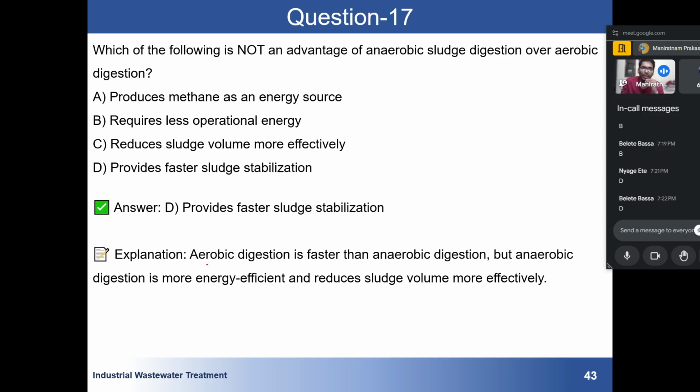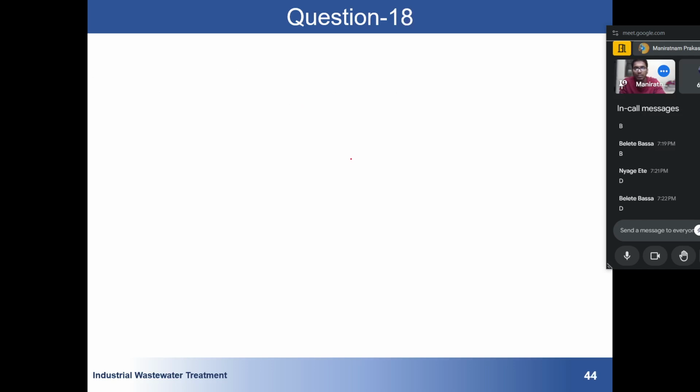Just read the statement: aerobic digestion is faster. Anaerobic digestion, yes, is more efficient, but if we talk about the speed, aerobic digestion is faster. So the correct answer was D.